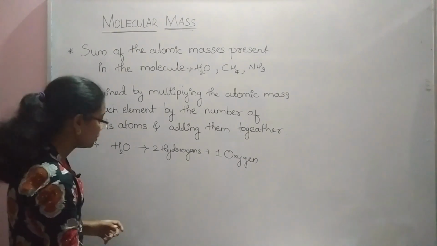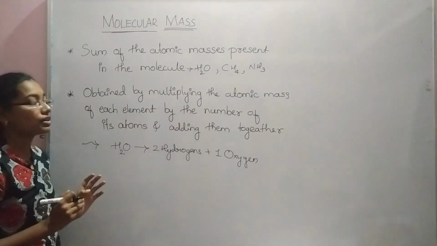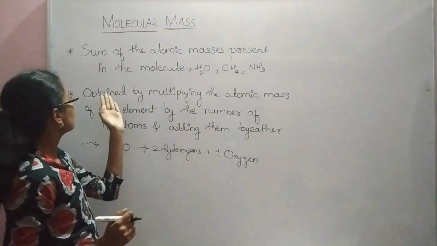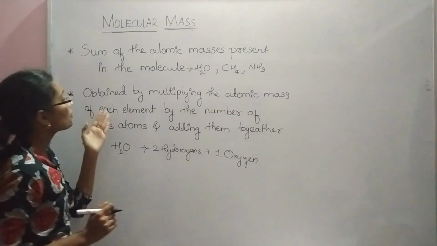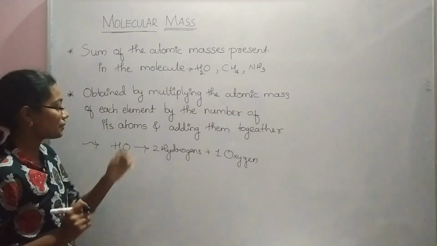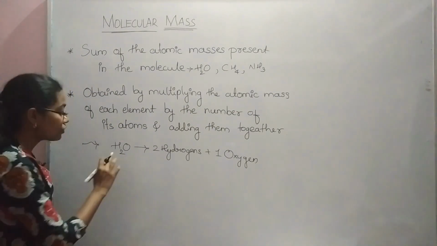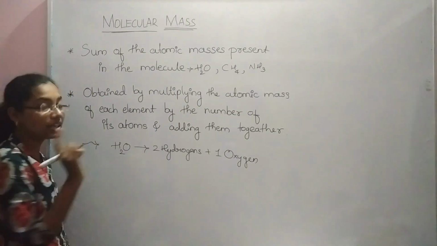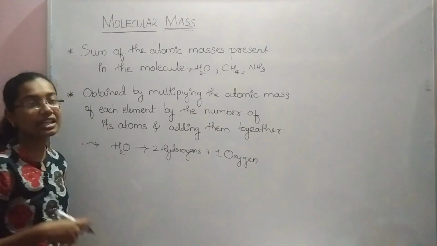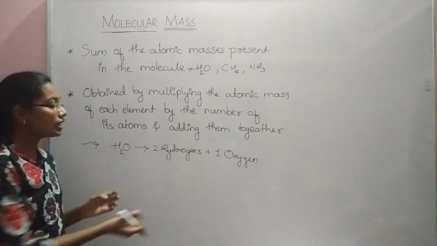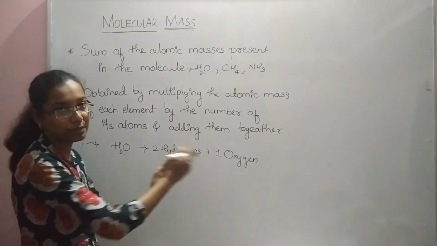Here, according to this statement, multiplying the atomic mass of each element by the number of its atoms: if we had only one hydrogen atom and one oxygen atom, then it is simply the addition of the atomic mass of hydrogen and the atomic mass of oxygen.